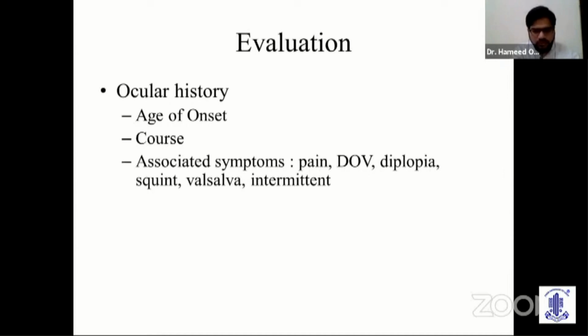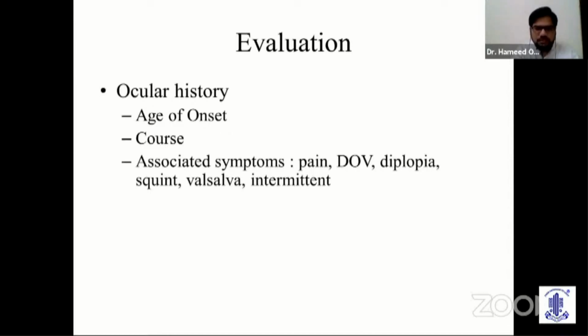Then you need to ask about the associated symptoms of proptosis. Is it associated with pain? Again, which gives us a clue in terms of infectious and inflammatory pathology as well as malignant tumors. Sometimes even benign tumors can present with pain because of hemorrhage within the lesion. Then you ask about whether the vision is hampered or not.